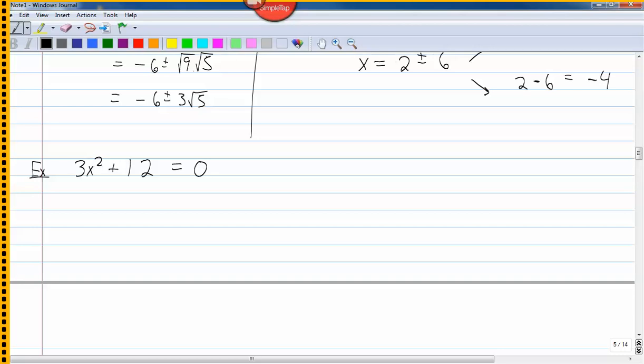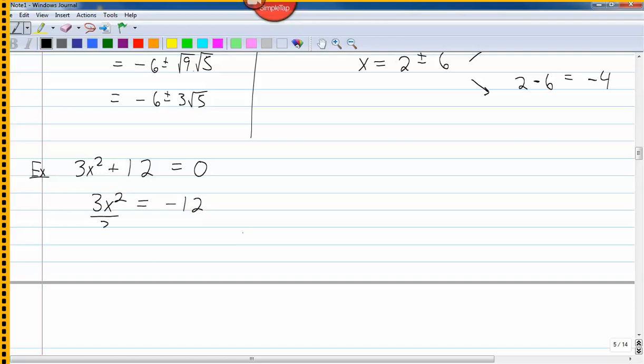So if I wanted to use the square root property here, the first thing I need to do is get the x squared term on one side and get the constant term on the other side. So I need to move the constant term over. So I'd have 3x squared equals negative 12. Then I need to get the x squared by itself.